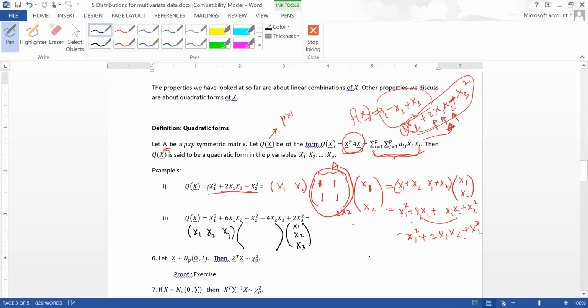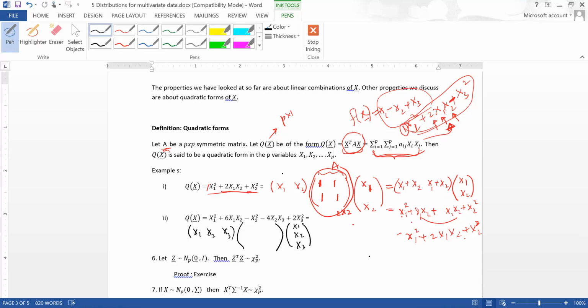What's the dimension of matrix A here, for this particular example? Yes, it's going to be a 3 by 3 matrix.